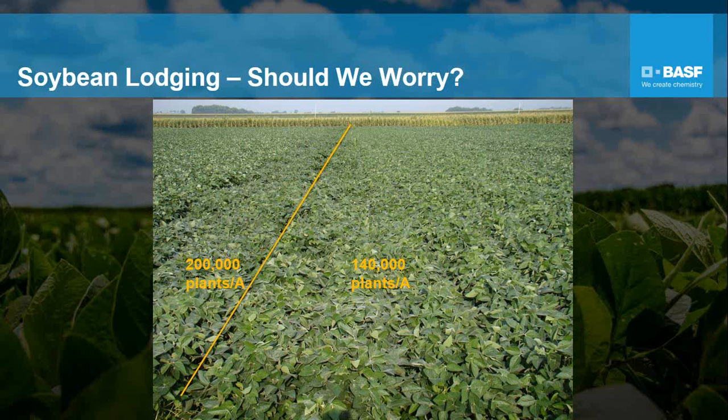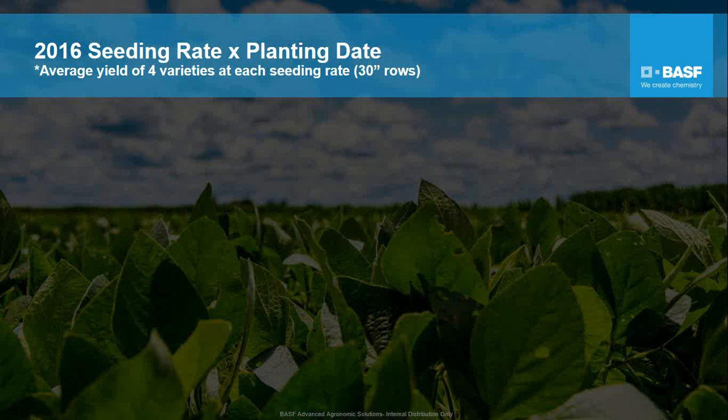And eventually that 140,000 plants is probably going to lodge, but the benefit of getting an extra 10 to 14 days of those plants standing is huge in terms of the ability of those plants to photosynthesize and place yield on critical parts of that plant later in the year.